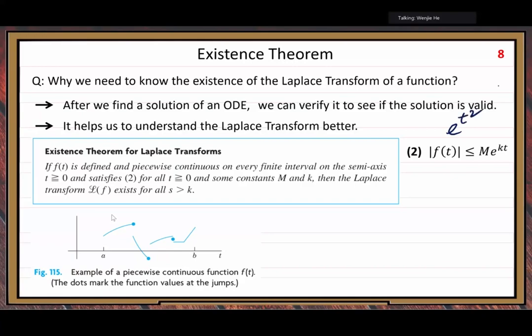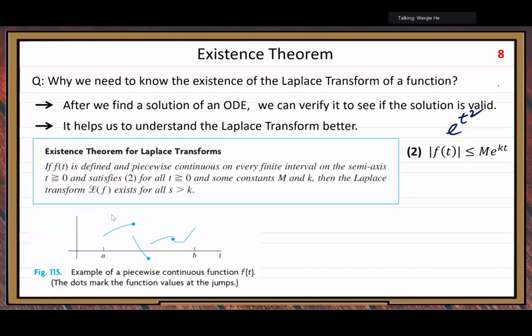That grows much faster than e to any kt. So this function is growing too fast, and then you cannot take the Laplace transform. It's out of bound.